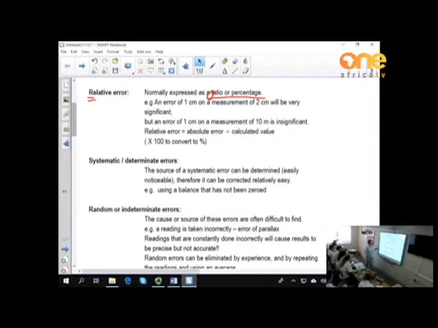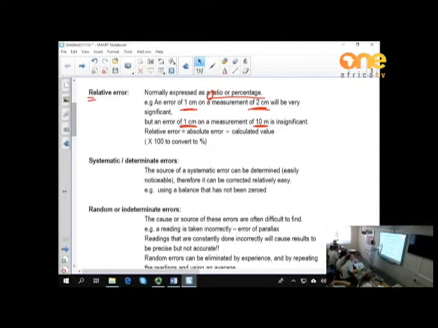And that is what they mean by a relative error. An error of 1 centimeter on a measurement of 2 centimeters will be very significant. It's a 50% error. Okay? But an error of 1 centimeter on a measurement maybe of 10 meters, all right, is fairly insignificant. You follow me? All right.